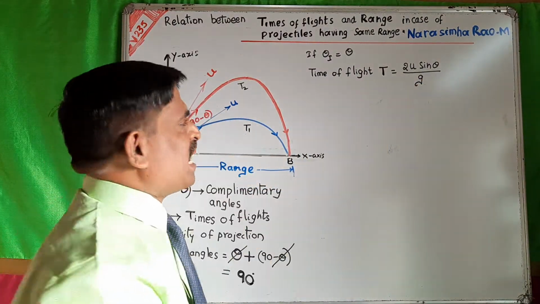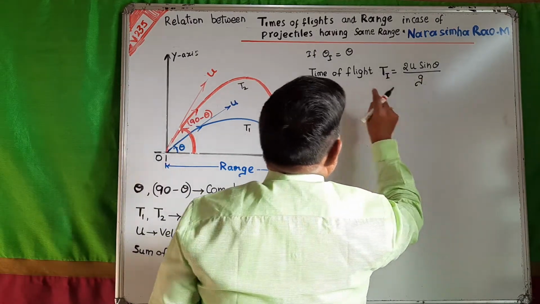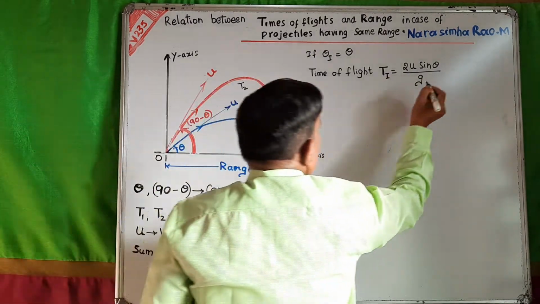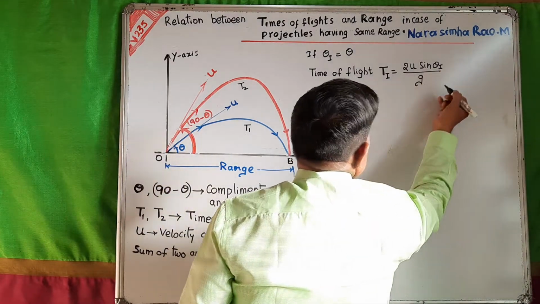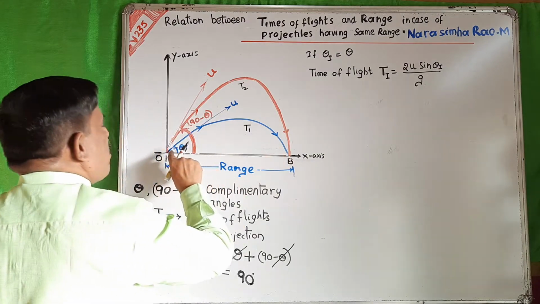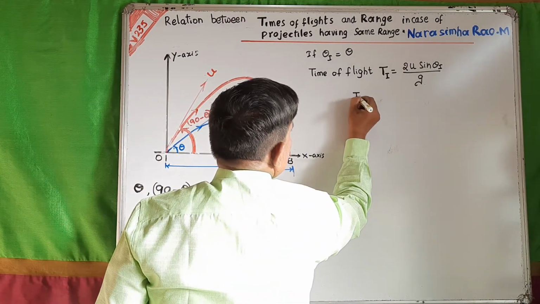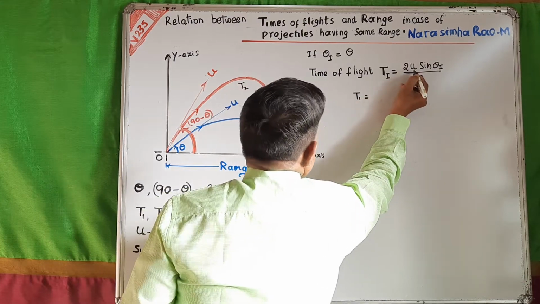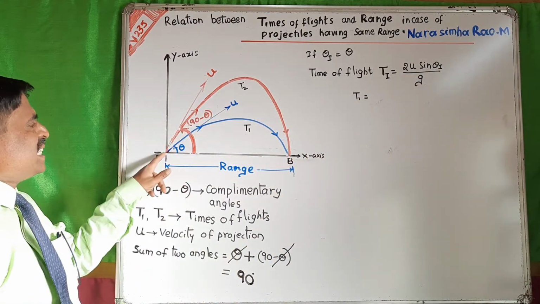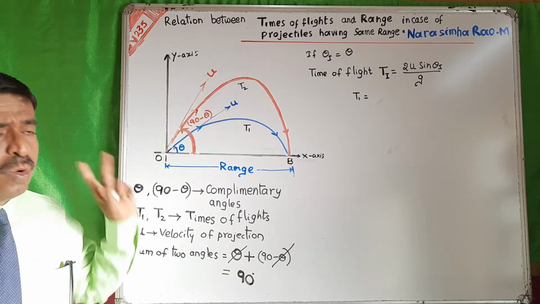Regarding the first time, angle of projection theta 1, it is a formula. T1 represents the time of flight when the angle of projection is theta. T1 is equal to 2u sin theta 1 by g. In both cases, velocity of projection is the same, that is u.